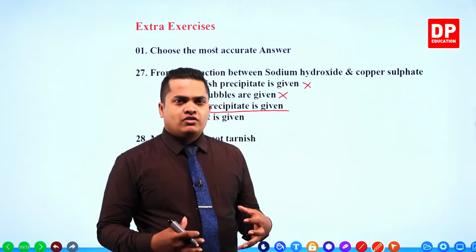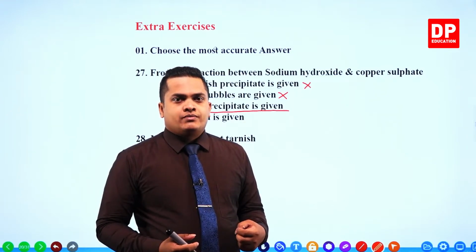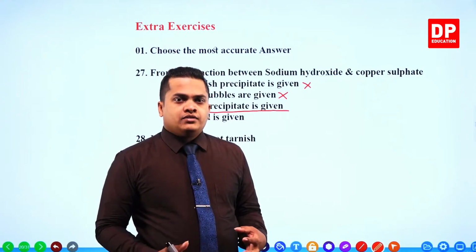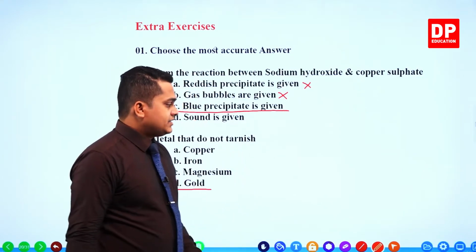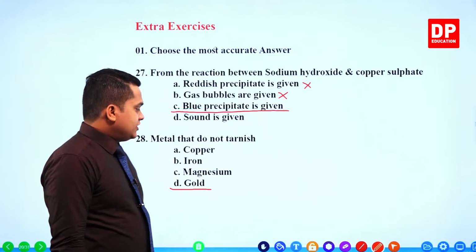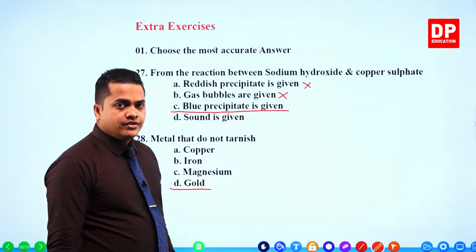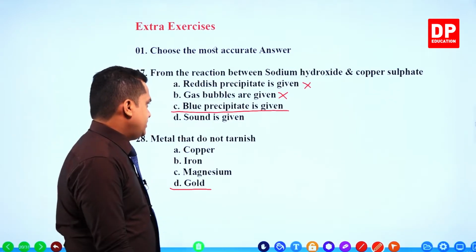Magnesium can bond with oxygen very quickly in the environment. Among these metals, magnesium is the quickest one to tarnish. So the metal that does not tarnish is gold. Gold is our answer there.